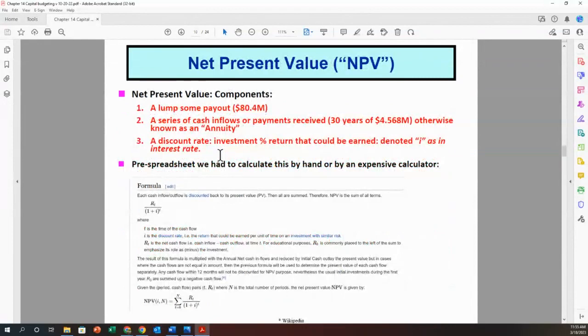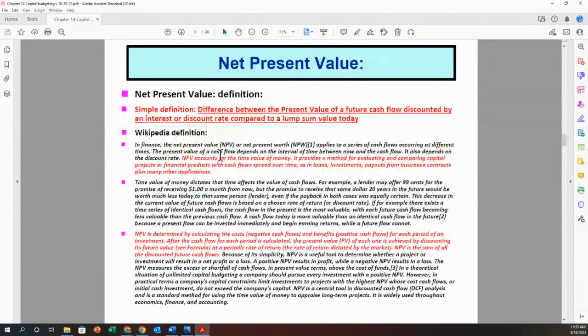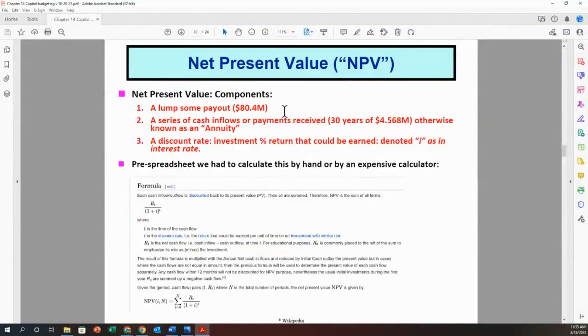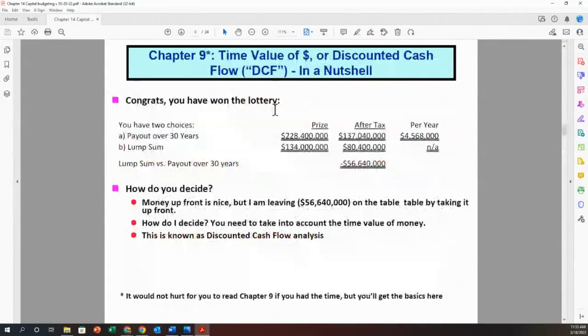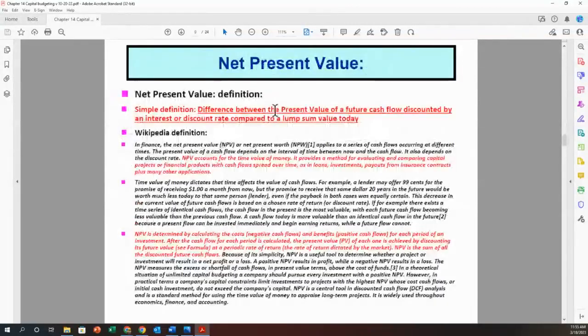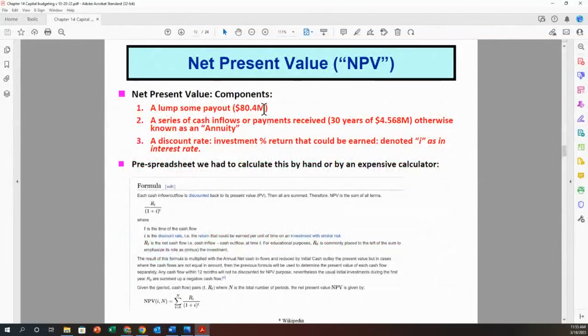So let's talk about these components that the definition mentions. A lump sum payout. In the case of this, I think I did this after taxes: $80.4 million. In this case, it's a receipt to you, so everything's kind of the mirror opposite.